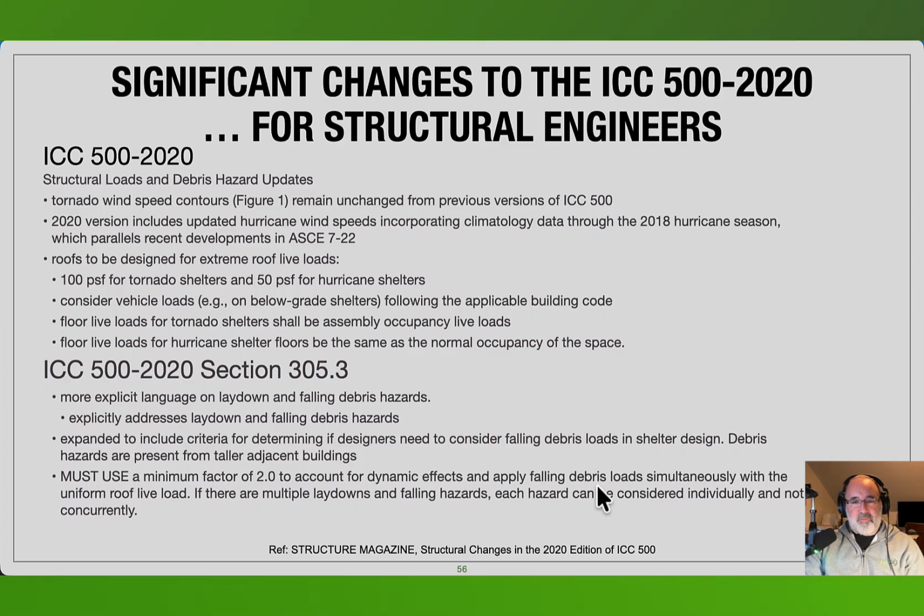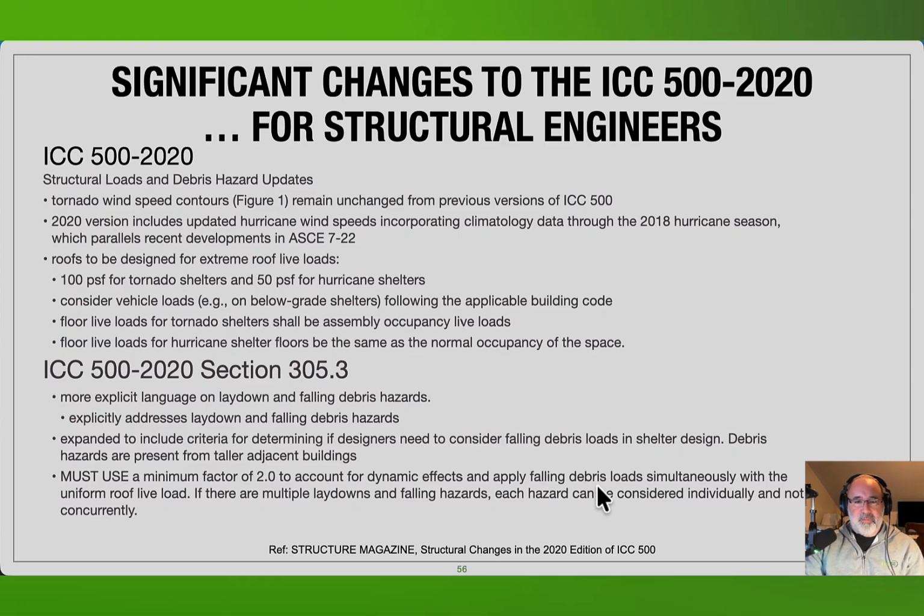Roofs are designed for extreme roof live loads: 100 PSF for tornado storm shelters, 50 PSF for hurricanes. Consider vehicle loads, following the applicable building code, for below-grade shelters. Floor live loads for tornadoes shall use assembly occupancy live loads. Floor live loads for hurricanes should be the same as normal occupancy for the space.